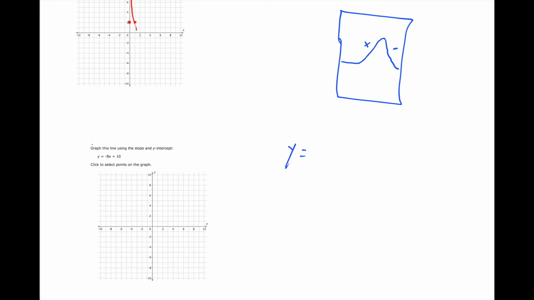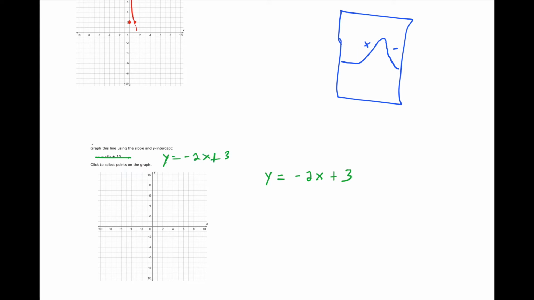So y equals negative 8x plus 10. Actually, let me change this, because I don't have enough room. Y equals negative 2x plus 3.